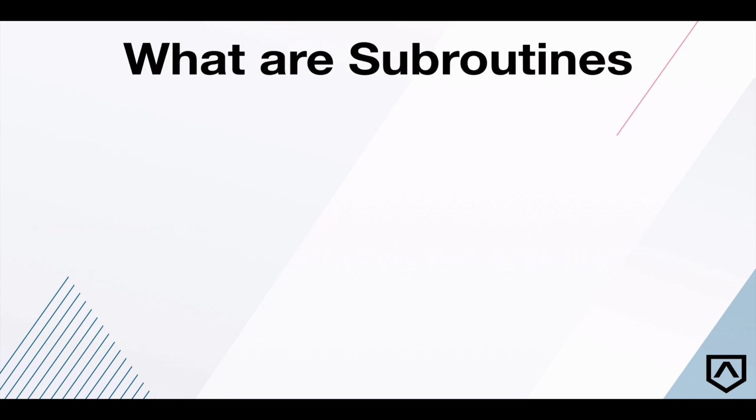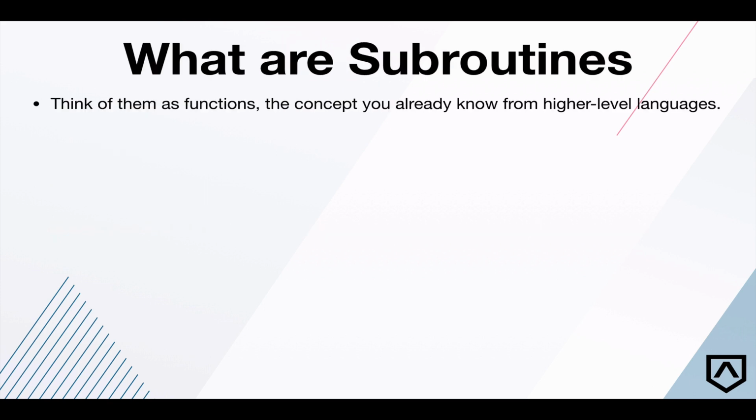So what are they? The best thing to do is to think of them as functions as you already know them from higher level languages. That concept of calling a thing and returning from it exists at a low level in the machine at assembly language as well. The name of the instruction we use to call a subroutine is call. Of course, this varies based on architecture, but commonly it's call.